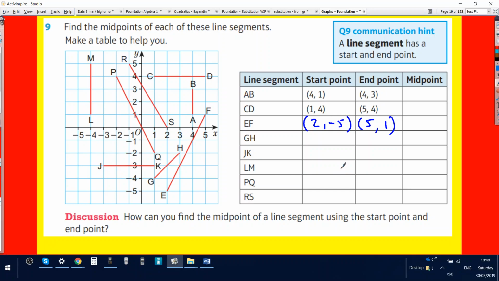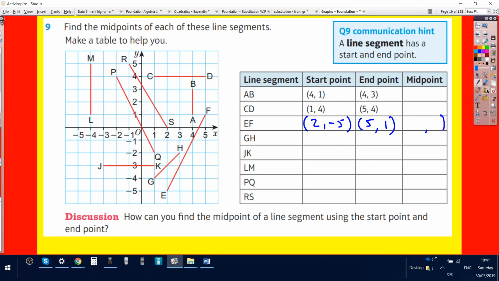Okay. Oh, so would it be like 3 as x and minus 3 for the y? It's just the middle of each coordinate.